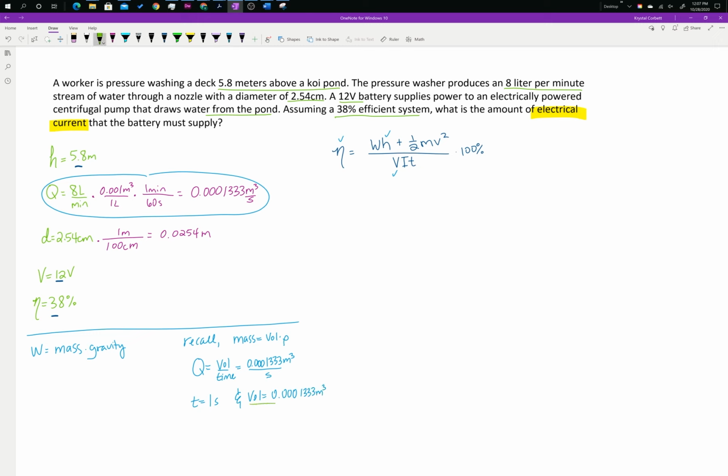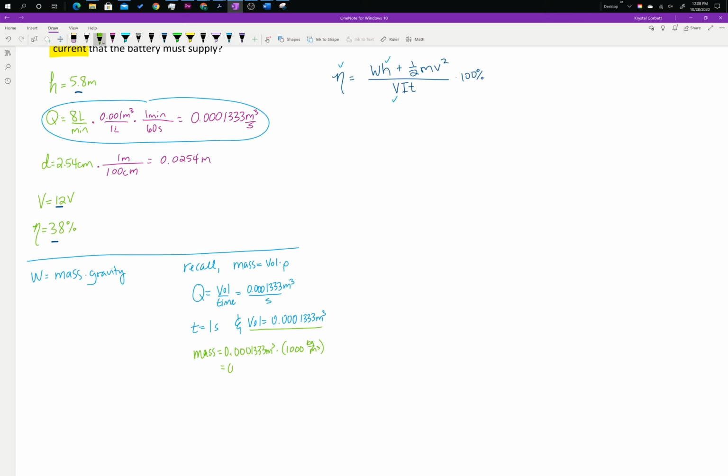We can utilize this to help us find our mass, because mass is equal to volume, which is 0.000133 meters cubed, times our density of water, which is 1,000 kilograms per meter cubed. That gives us a mass of 0.1333 kilograms.